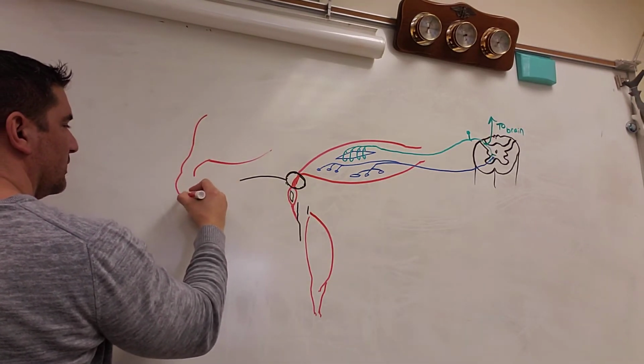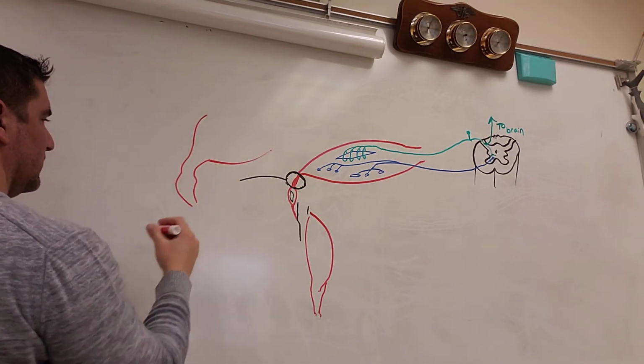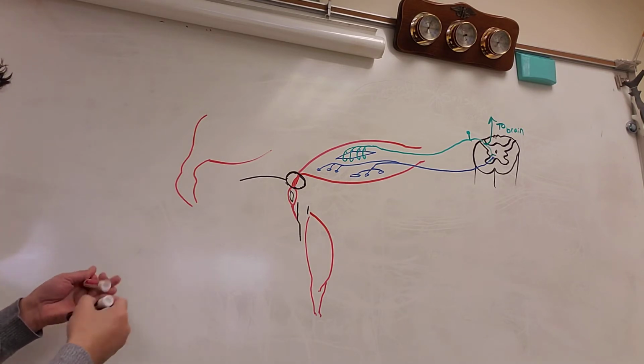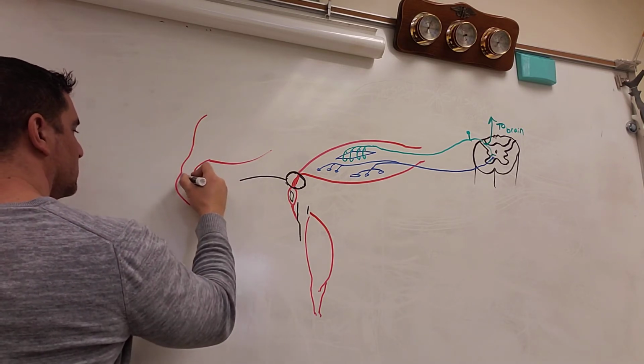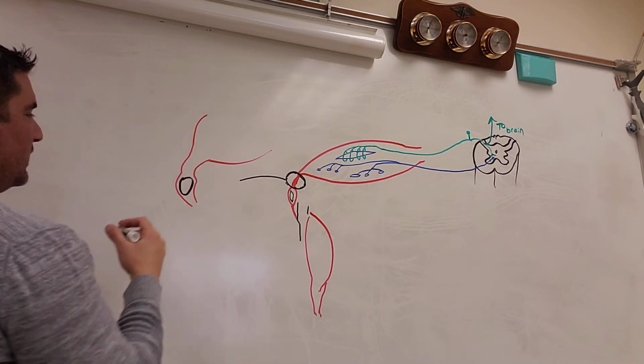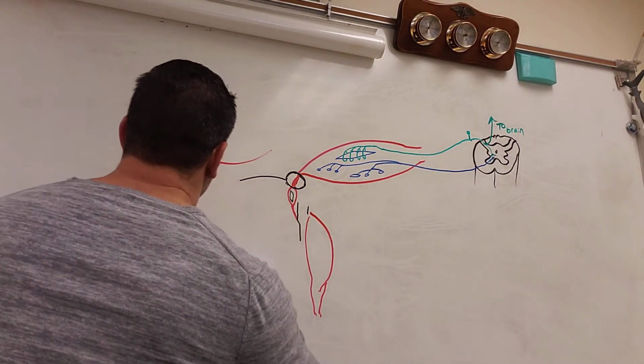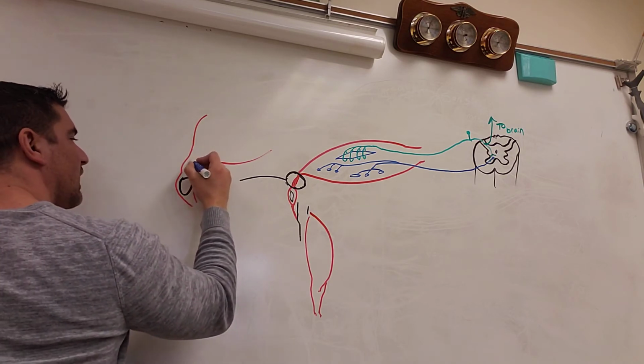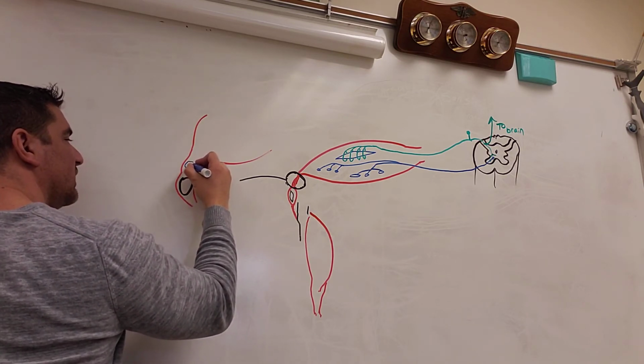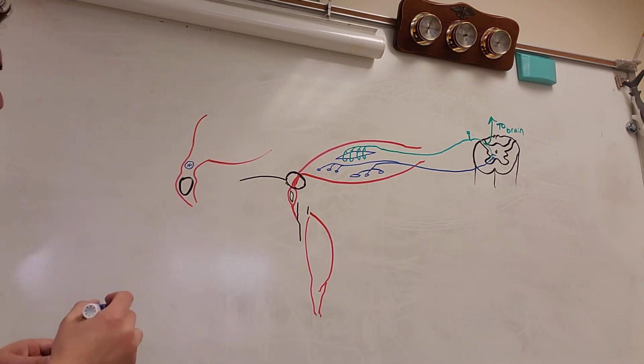And then we've got our patella, like that. Located inside of tendons, there are other stretch receptors, and these ones are called Golgi tendon receptors, and they're also a stretch receptor.